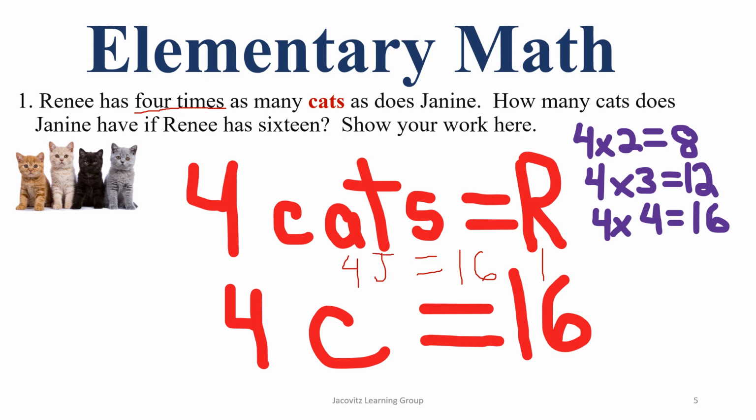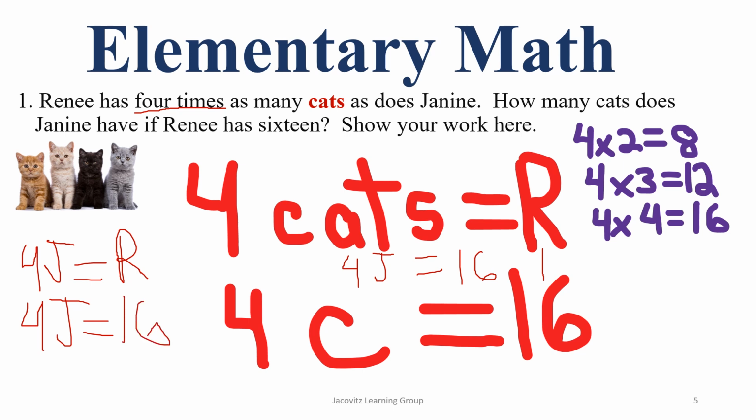So if you want to start out over here, you go 4J for Janine equals R, and then you substitute. 4J equals 16. Why am I writing a C? Because I kept it at cats, so that you could just go C. Because after all, you want to know the number of cats.